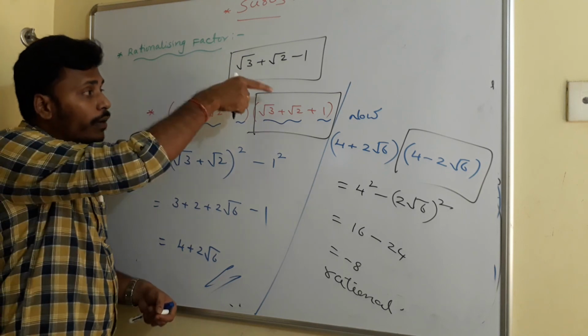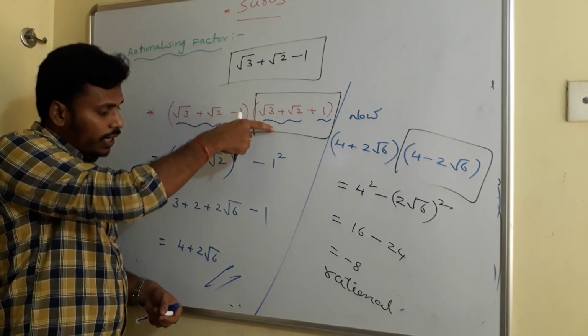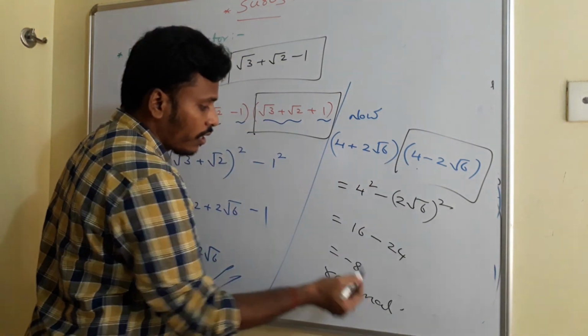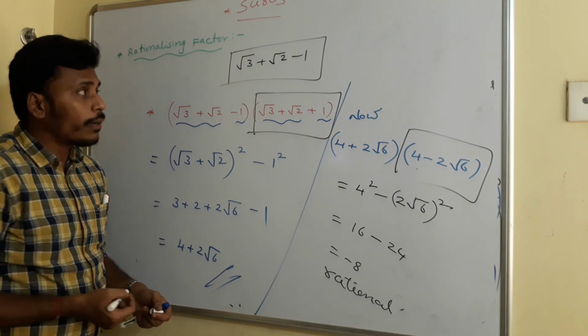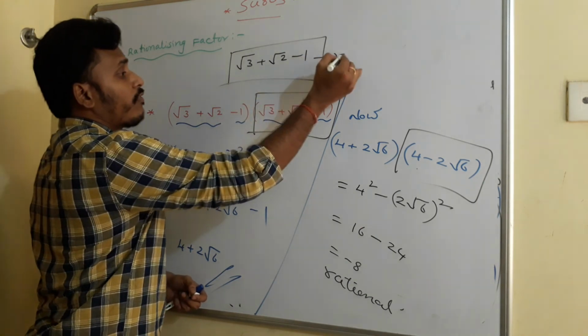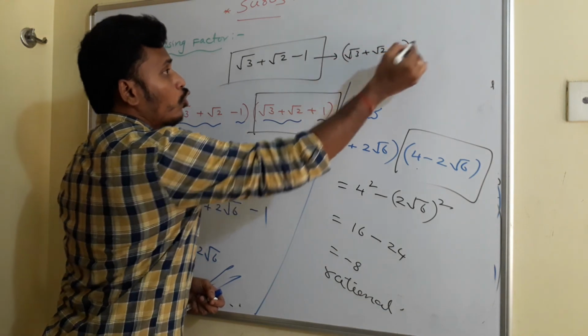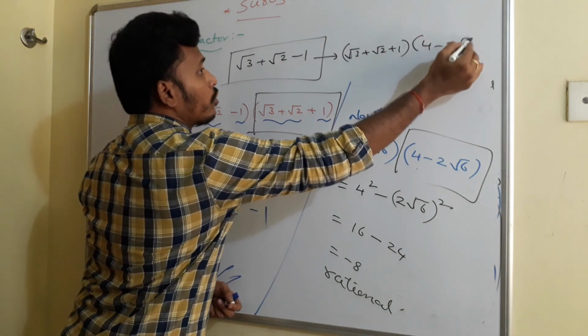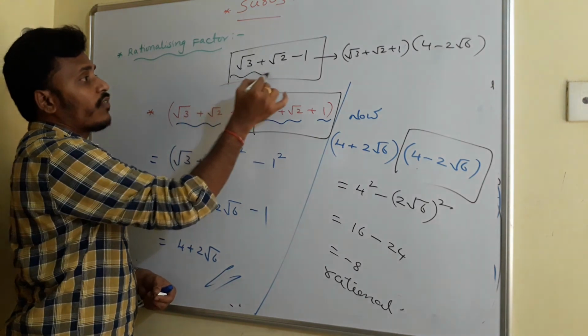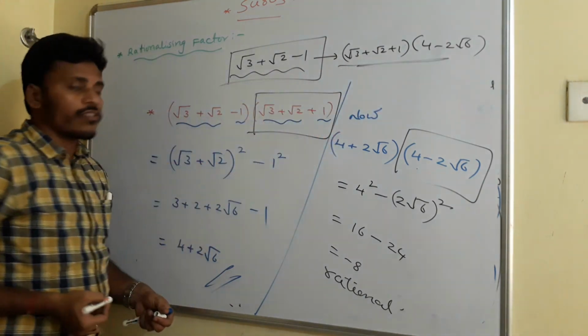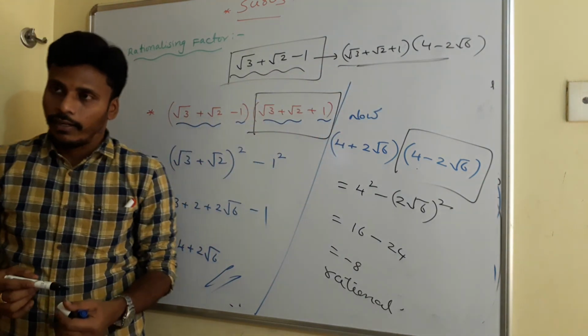If you again multiply this result with 4 minus 2 root 6, you will get a rational number. So ultimately the rationalizing factor is root 3 plus root 2 plus 1 into 4 minus 2 root 6. If you multiply the given number with this product, it becomes rational, and that is your rationalizing factor.